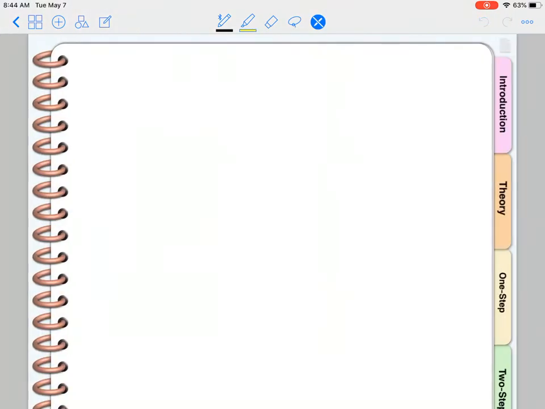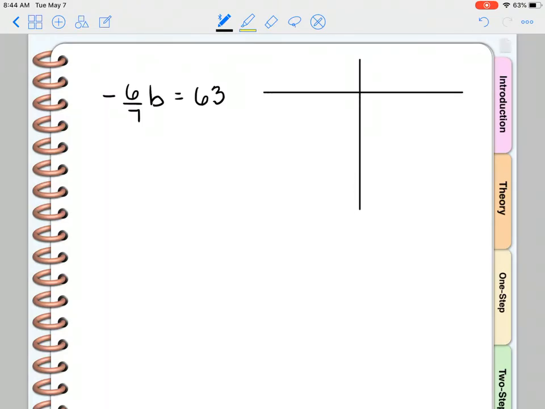And that's going to happen often with fractions. Okay, a couple more of those and we will be finished with one steps. Negative 6/7 of B equals 63. So I bring this one over to the solving frame. Negative 6/7 of B is 63.